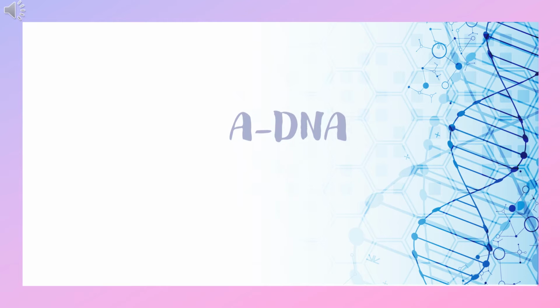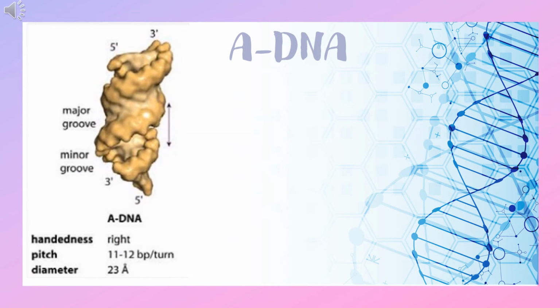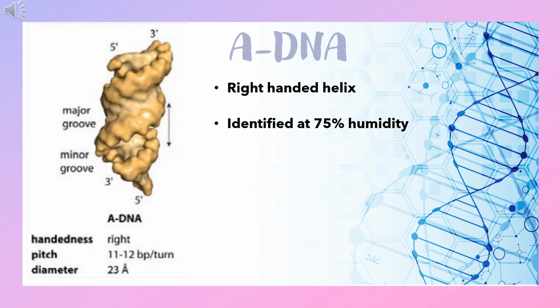A-DNA. With reference to the spring, A-DNA is a compressed spring. As mentioned earlier, it is a right-handed conformation. A-form DNA was first identified in the fiber diffraction studies of DNA at 75% relative humidity.